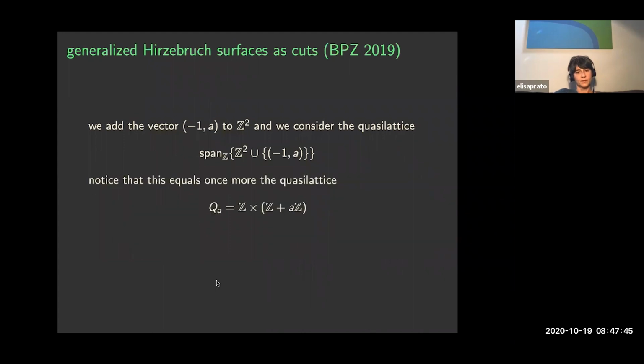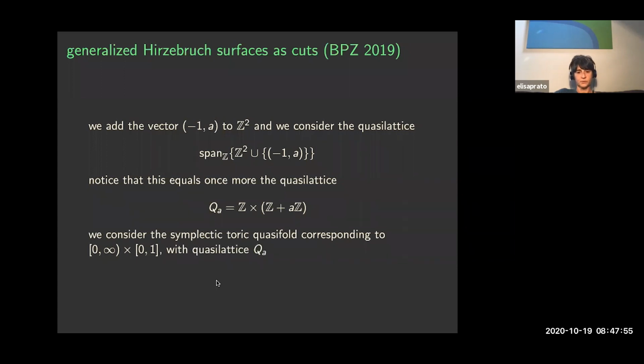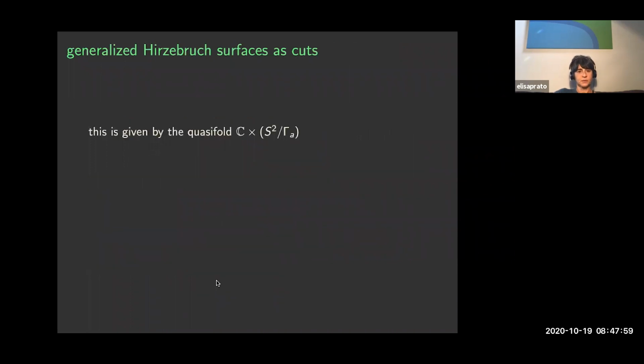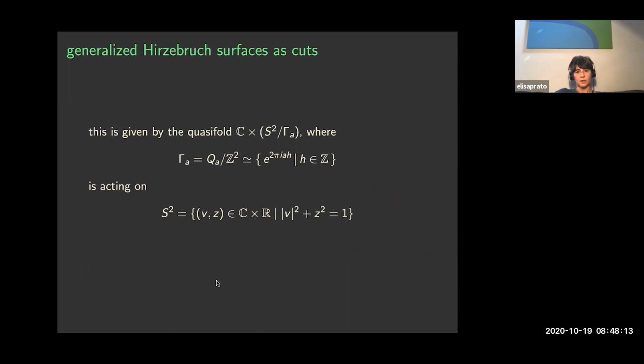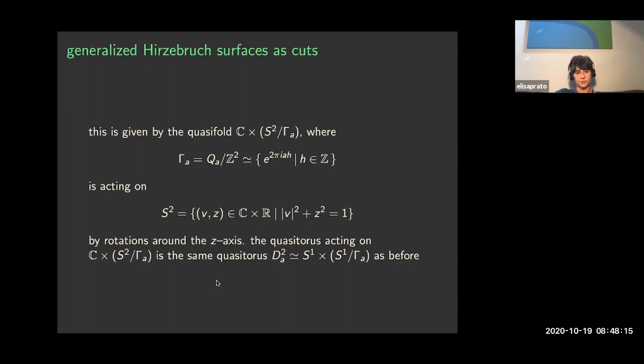So we again get this quasilattice, and we consider the manifold corresponding to the strip, but with this new quasilattice, these normal vectors. The new space that we get is this quasifold, where gamma A is a group of irrational rotations acting on S2 as rotations around the Z axis.